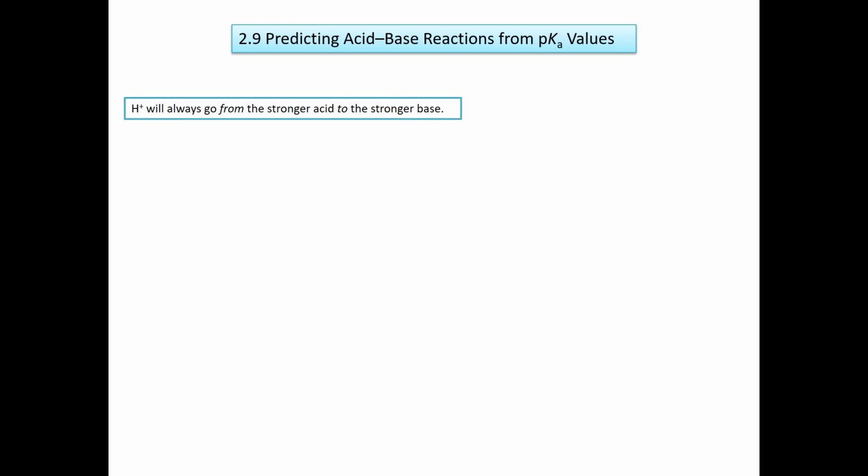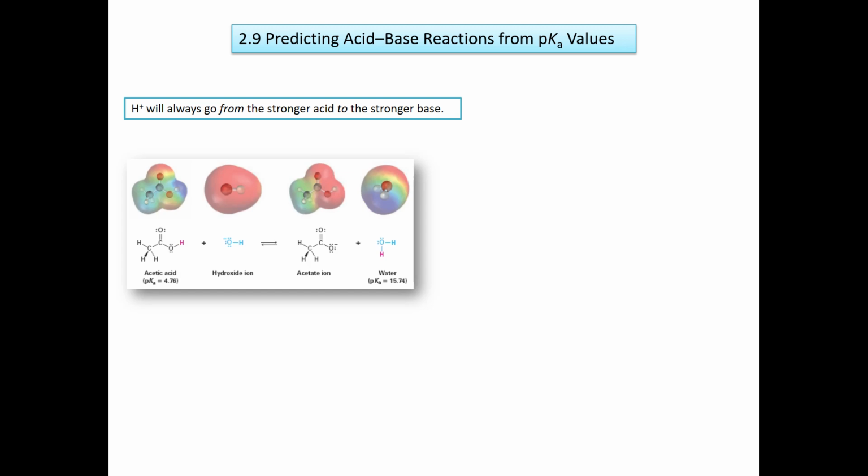Thanks to the pKa, we can calculate very fast if one acid is stronger than another. For example, we have acetic acid plus hydroxide giving acetate plus water. We know that the pKa of water is around 15, while the pKa of acetic acid is around 4.